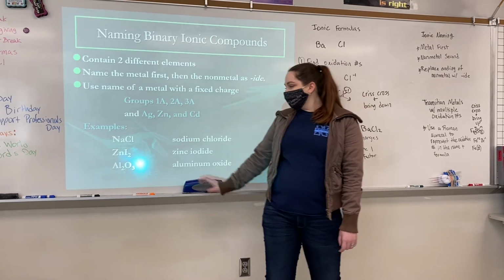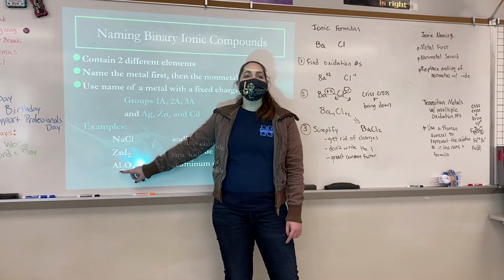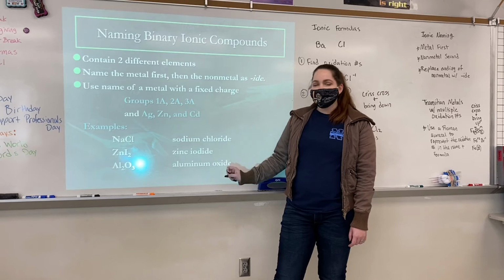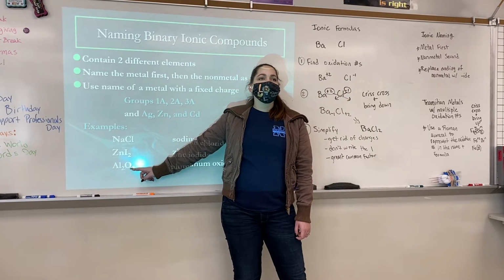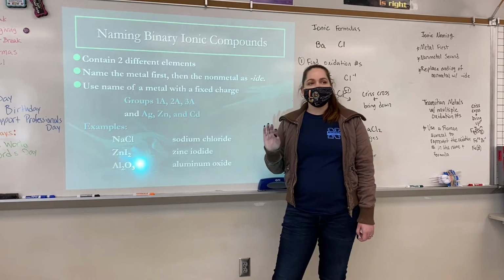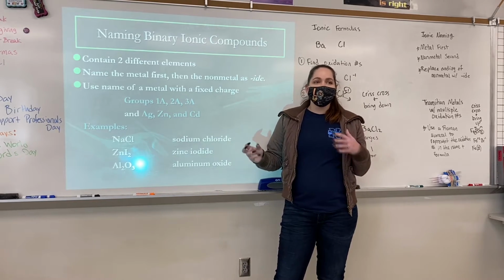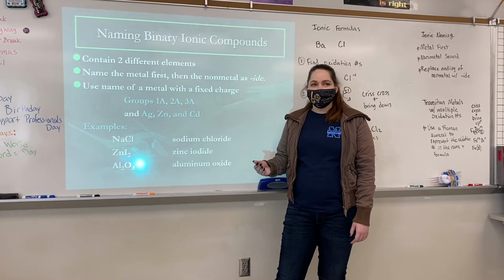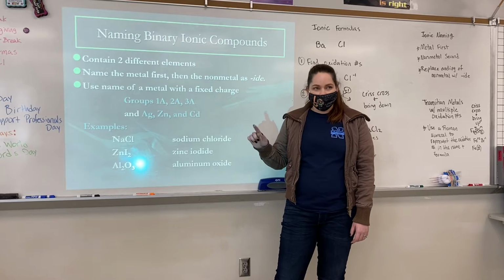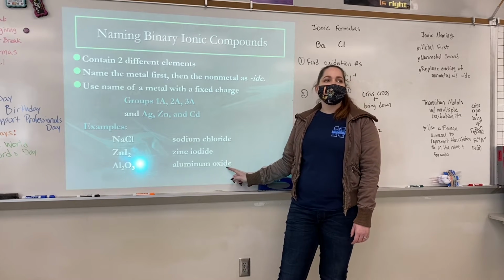And then Al2O3. The first, Al, is aluminum, so I would write aluminum, leave a space, and then this is oxygen. For oxygen, you have to take a little bit more off. Unfortunately, there's no rule as to what the ending of your element name is. So for oxygen, you have to take off the YGEN and replace it with IDE, which is oxide.